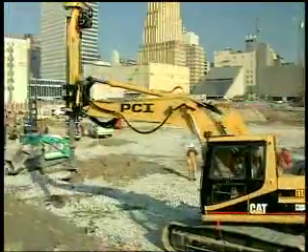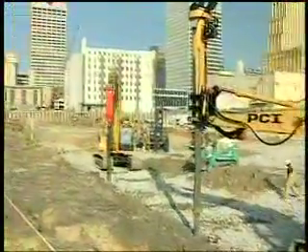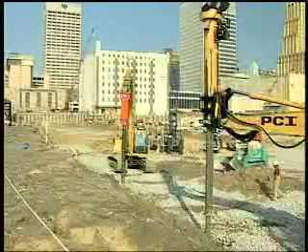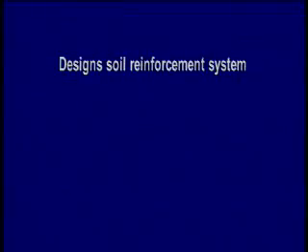The licensed Geopier installer is a specialized subcontractor who has been involved in Geopier design-build construction for several years. He designs a soil reinforcement system and has it reviewed and approved by Geopier Foundation Company Incorporated, the licensor. His design work may be done in-house or by full-time certified Geopier design associates.